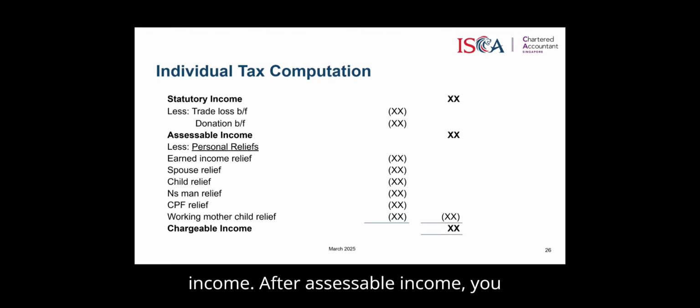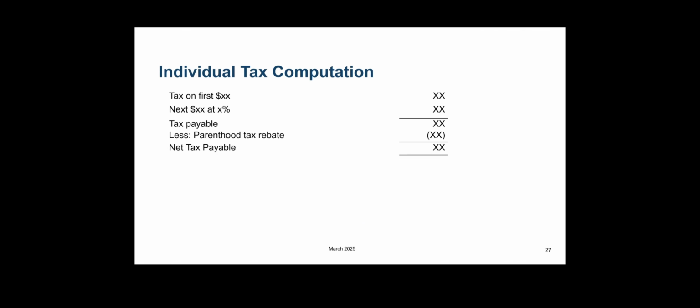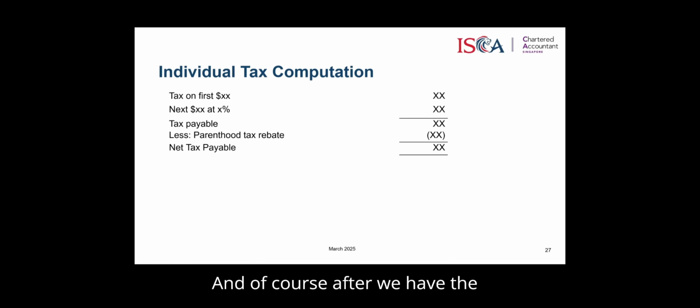After assessable income, you will then deduct all your personal reliefs that we just talked about, such as earned income relief, spouse relief, child relief, NSMN relief, CPF relief, leading to a chargeable income amount. After we have the chargeable income amount, we apply the tax according to the tier and the band that you are in, leading us to the tax payable.